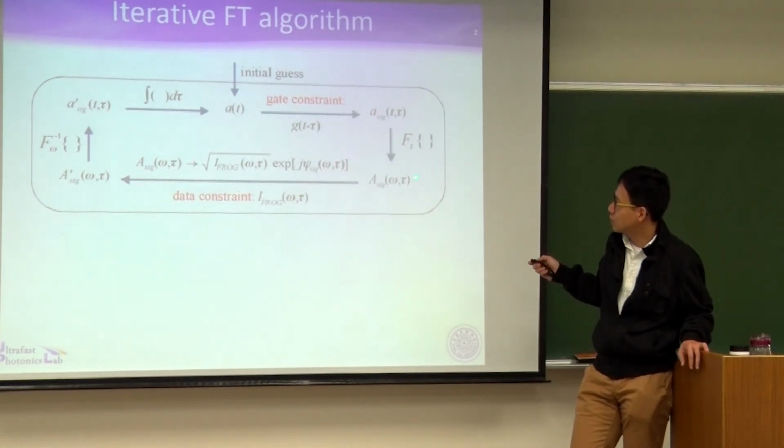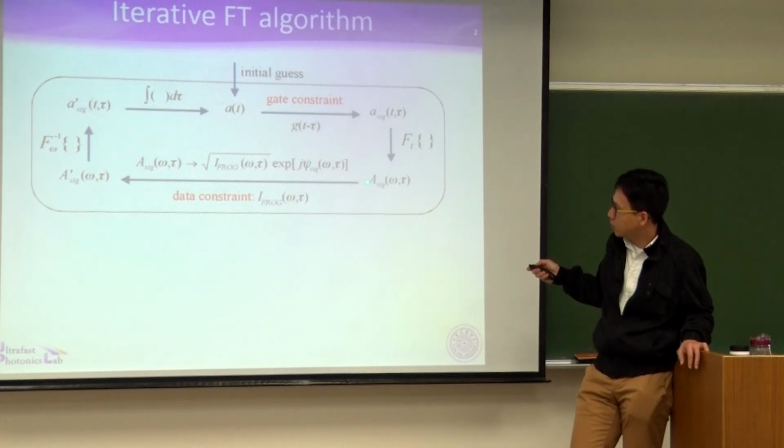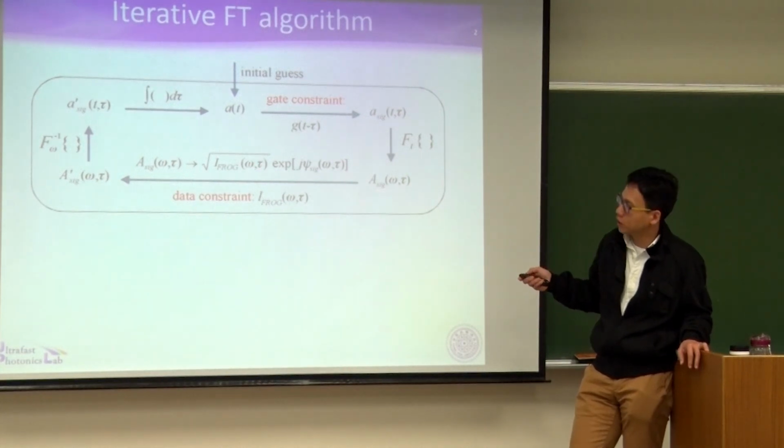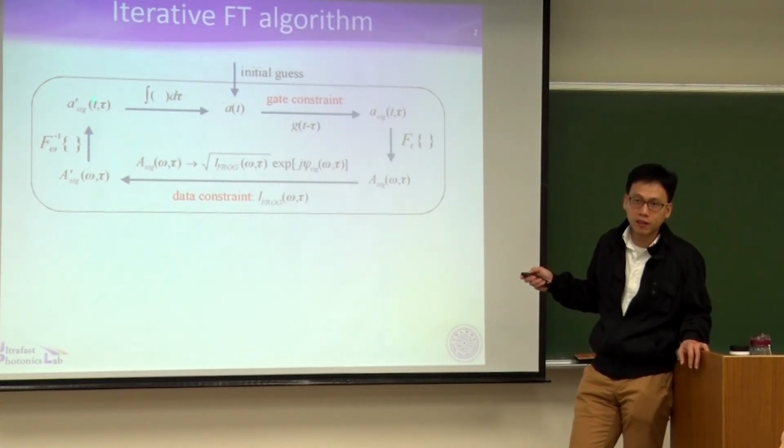What we just did is express the complex gated spectrum as the big O sub S matrix, which is in this position. Then you apply the data constraint: the phase is unchanged and kept, and the absolute value is replaced by the square root of the FROG trace. So you get a new big O sub S prime matrix, which is here. Then with the inverse Fourier transform, going back to the time domain, you get the new small O sub S matrix, which is here.